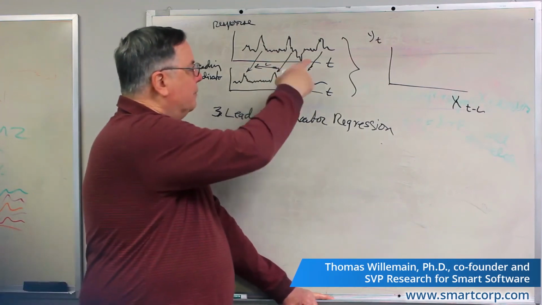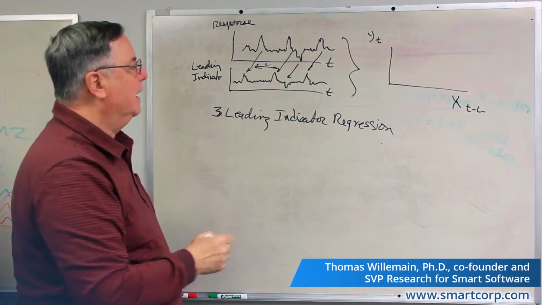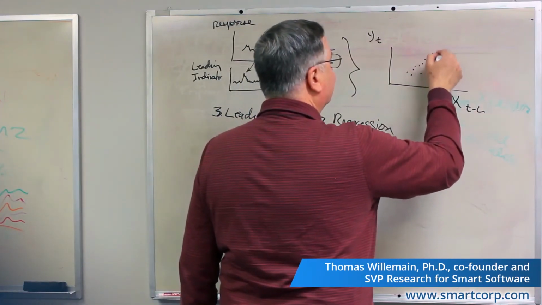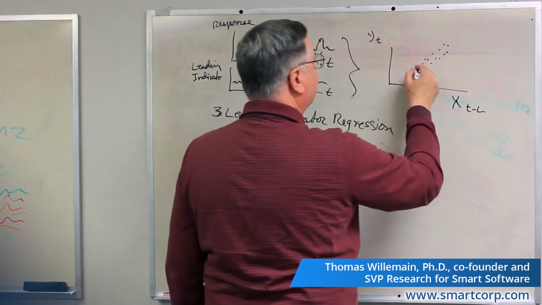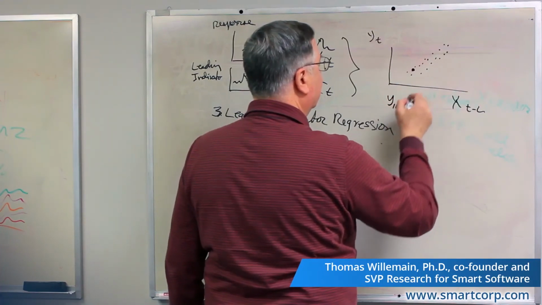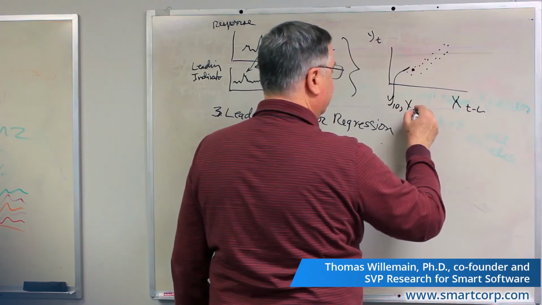And the graphical picture of the two time series might look something like that. And the scatter plot would look like our familiar kind of situation, only this particular point might be y at time 10, and it also might be x at time 6.